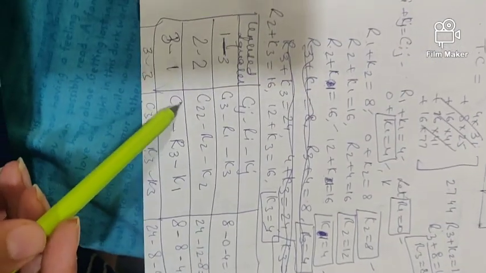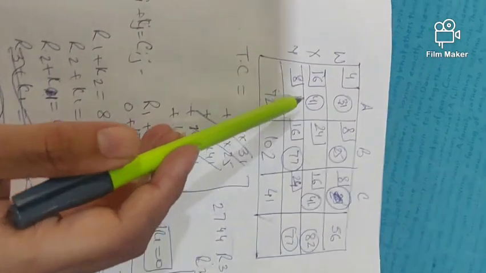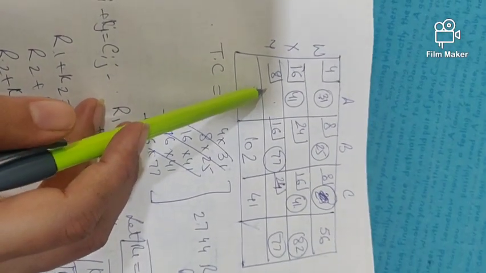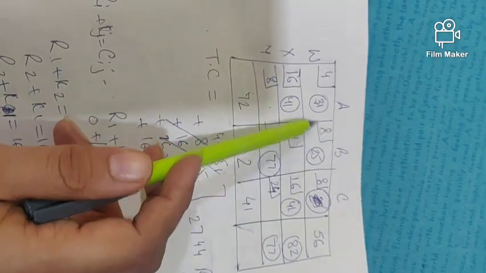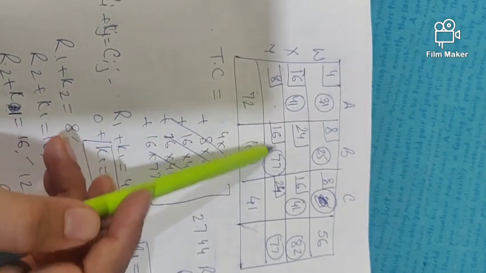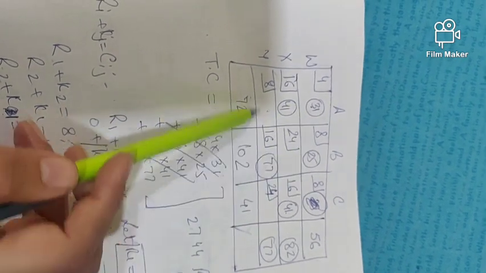Now we have a negative value for this one, 3 1. So what we will do is, we will have to pick up 3 1. But you have to remember one thing: you have to pick up 3 1 with which a loop can be formed. You will not pick up the immediate square. You will have to pick up these 4 squares. I'll tell you how.